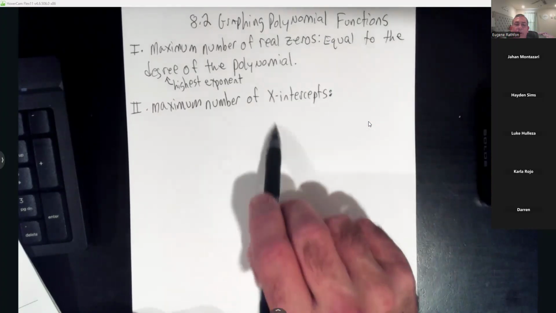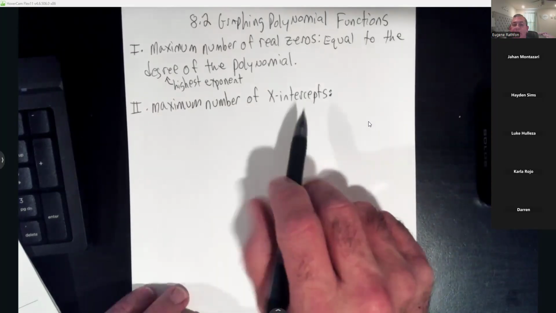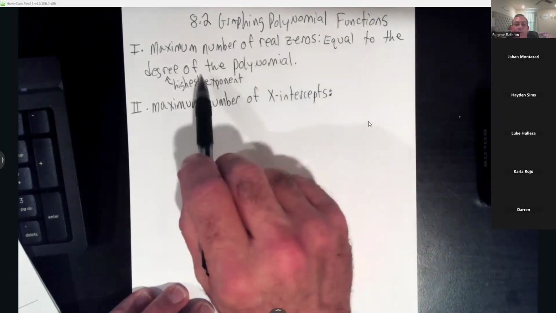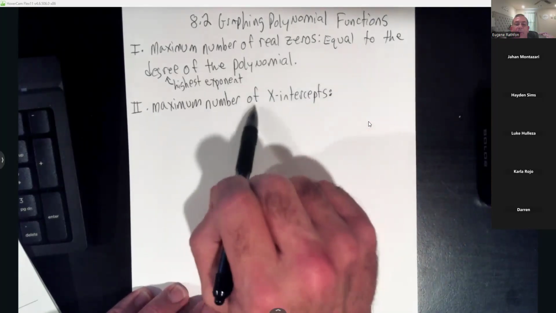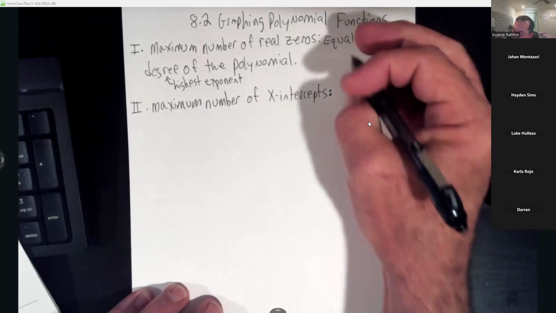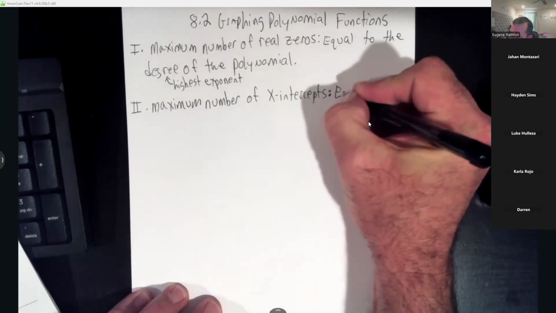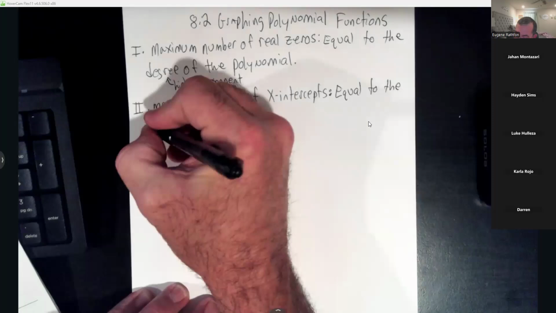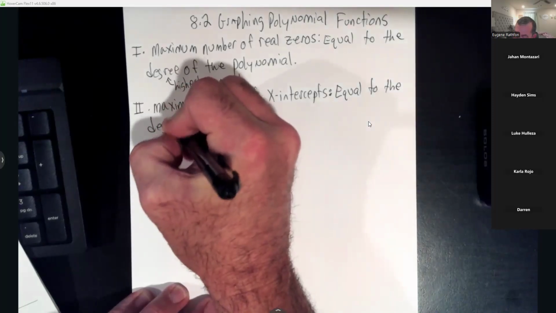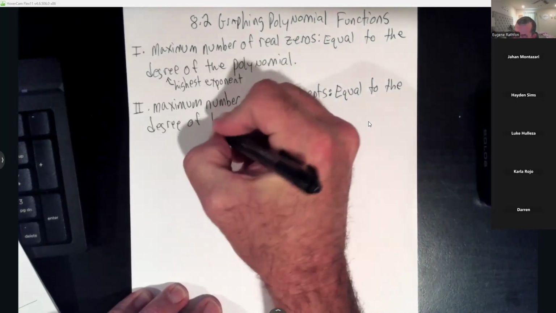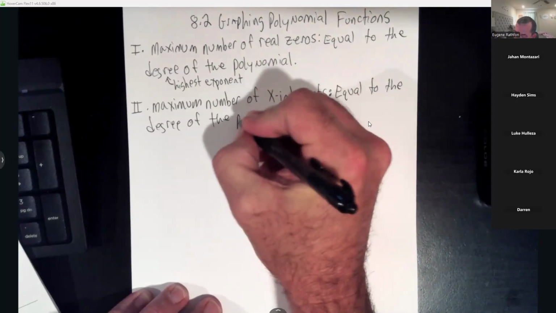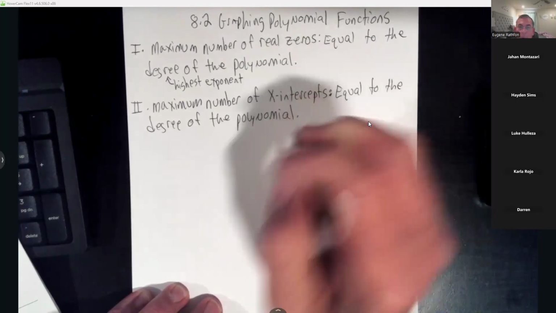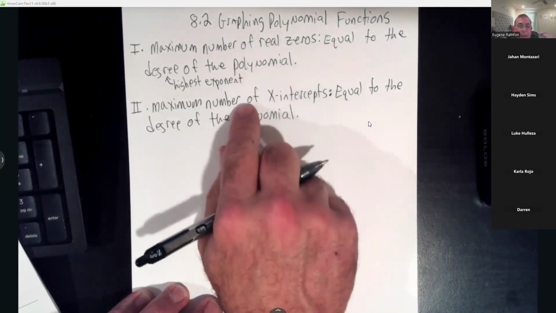Your real zeros and your x-intercepts are going to be the same. So if the maximum number of real zeros is equal to the degree, then the maximum number of x-intercepts equals the degree. Those will always be the same answer.